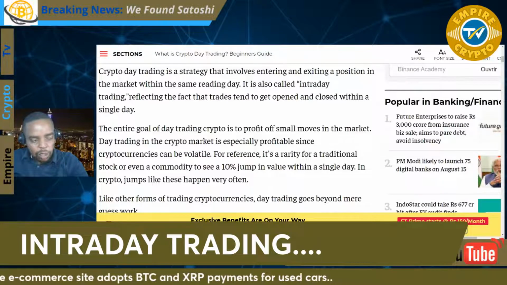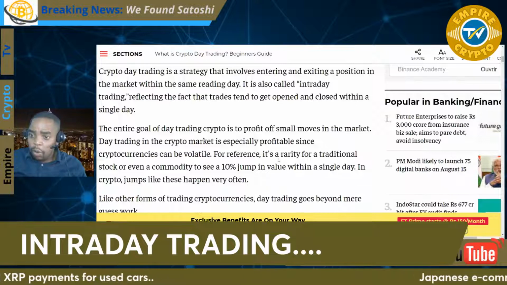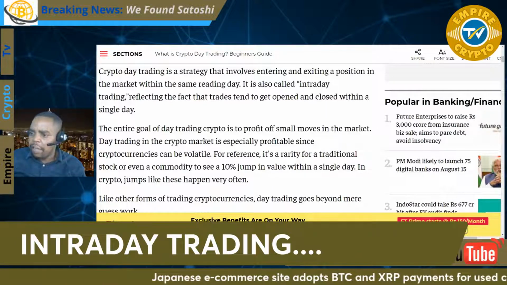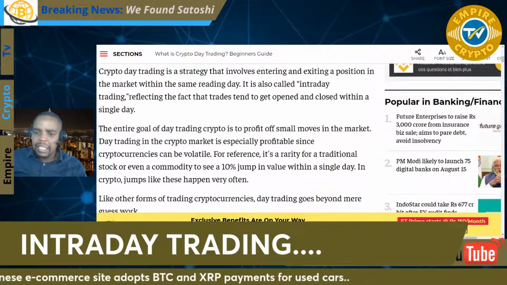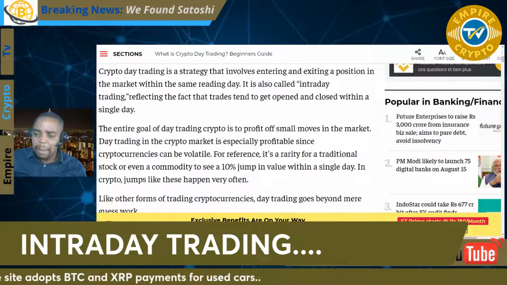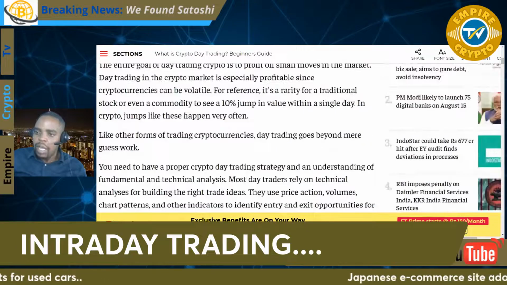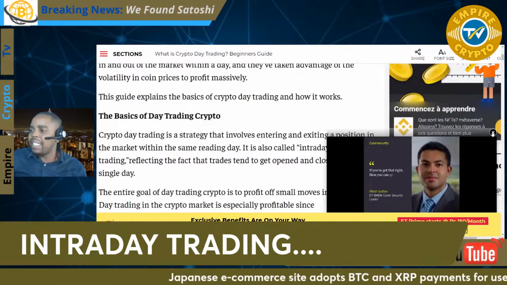So in commodities and the stock market, it's a rarity to see a 10% jump in value within a single day, which is intraday trading. In crypto, jumps like these happen very often, says the article in the Economic Times. So there are a lot more gains in intraday trading in cryptocurrencies.